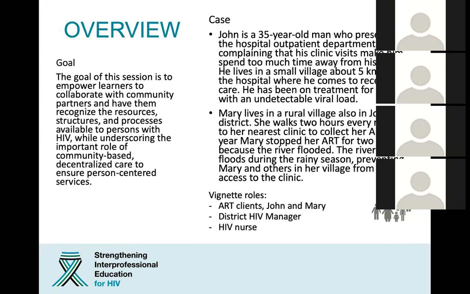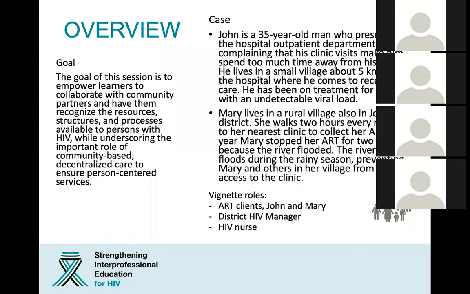He lives in a small village and would prefer to receive care closer to his home village rather than traveling to the main HIV clinic at the large district general hospital. He's an example of somebody living with HIV who is doing well on treatment. His viral loads have been undetectable for 7 years, and I think that's important and something that gets unpacked in the case. And then the second is a case of Mary.